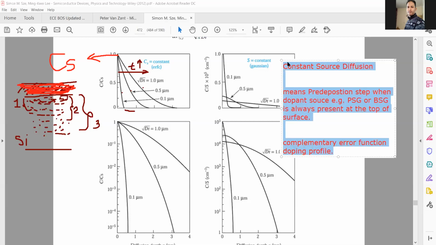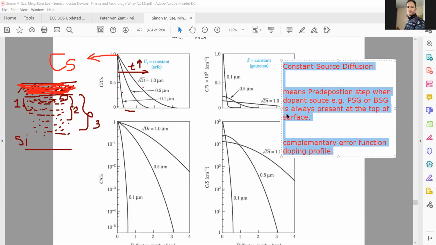Now we will go to the second case, where we have a different scenario. Let's clear all these annotations and move to the next.